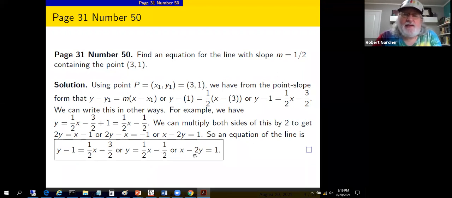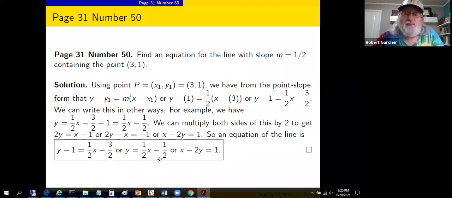And I could also write it like this. We've got a multiple of x plus a multiple of y. That multiple is -2, equals some number on the right-hand side. So here's 3 different forms of the same line. To answer their question with the information we're currently presenting, this makes the most sense. But there's nothing wrong with these 2.